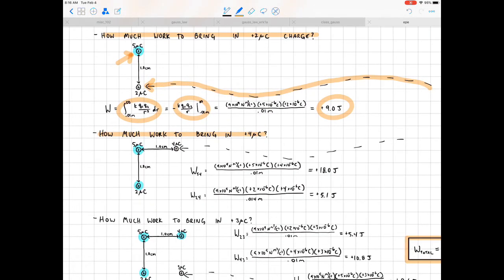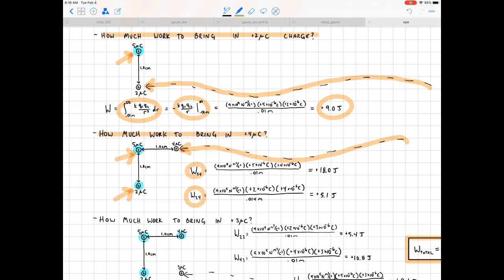All right, so now I've got 2 charges that are permanently fixed, and I want to bring in this 4 microcoulomb charge. That means I'm going to have to do 2 calculations. I'm going to have to figure out the work required to bring in the 4 microcoulomb charge with a 5 microcoulomb charge in the space, but also how much work to bring it in if there's a 2 microcoulomb charge.